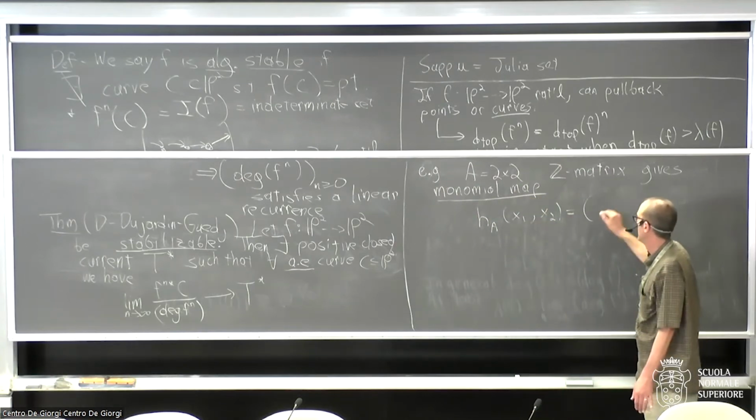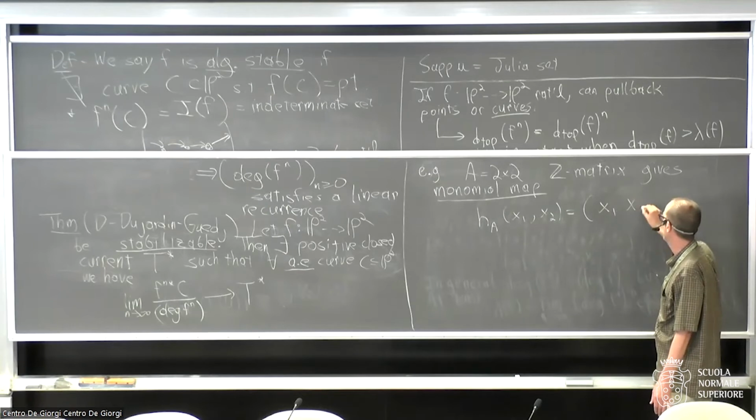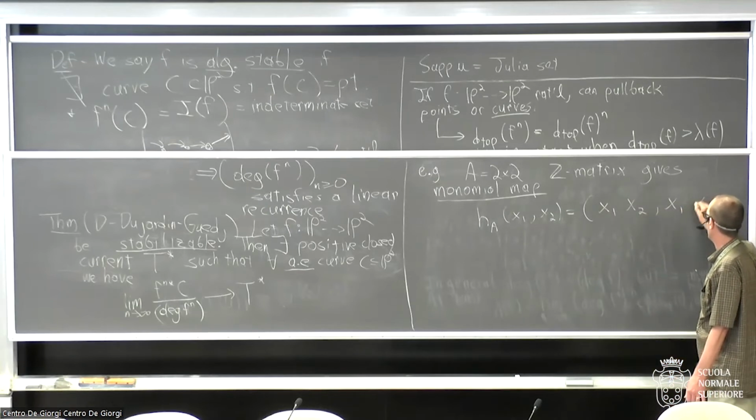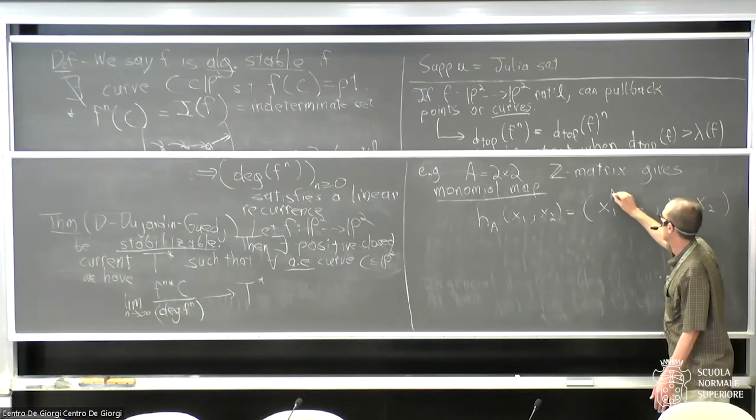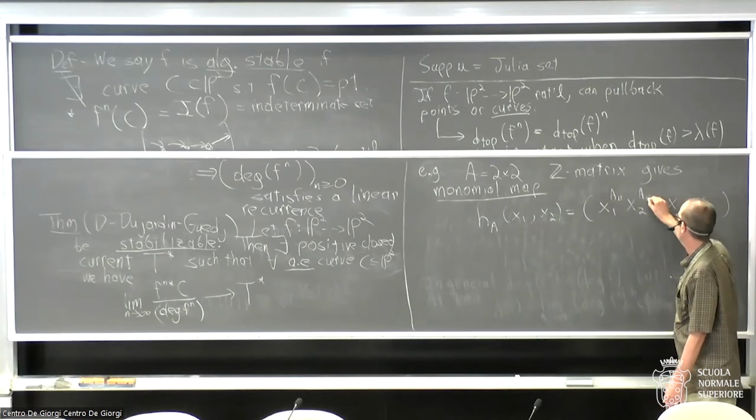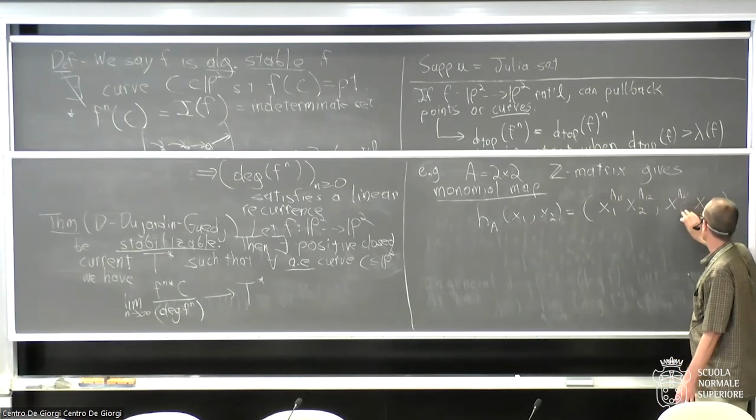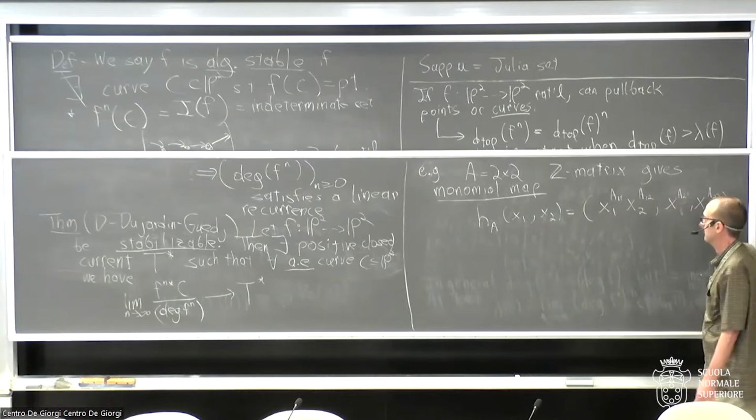It's given in affine coordinates by, surprise, monomials whose powers are determined by the matrix. Like that. That's a monomial.